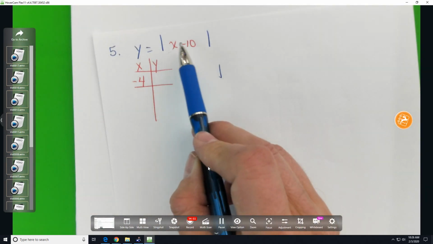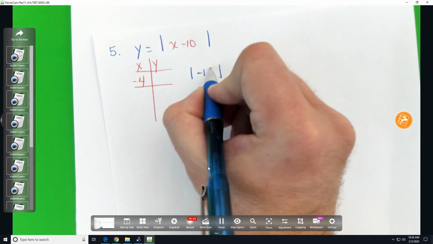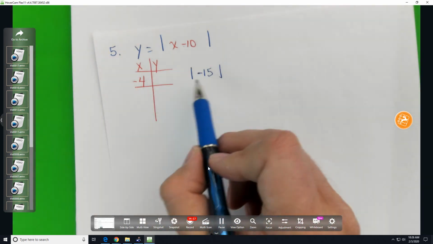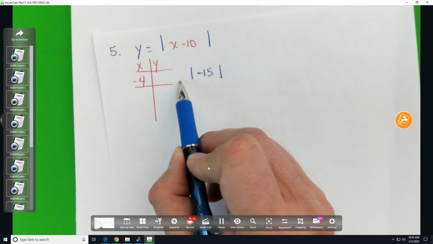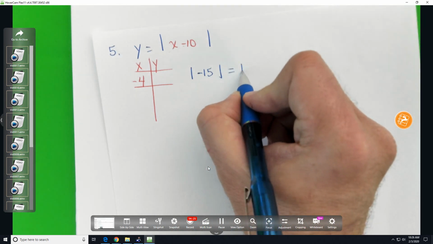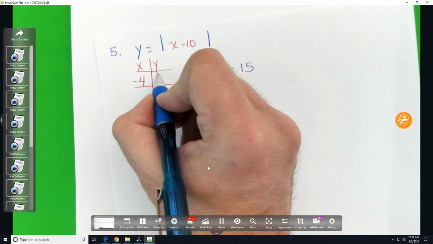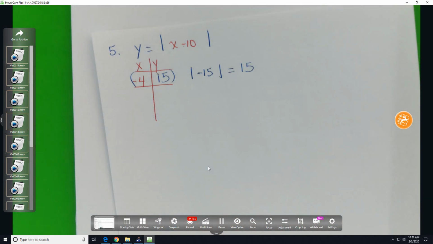Negative 4 minus 10 is negative 15, but don't type negative 15 in for y. You have to take the absolute value. The absolute value of negative 15 would be positive 15. So there's my first ordered pair.